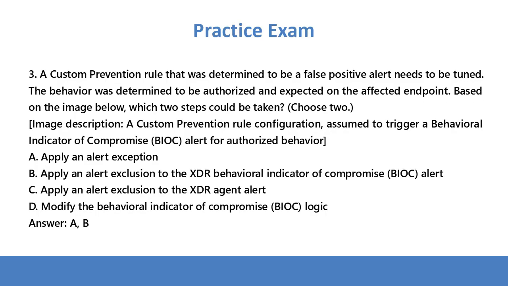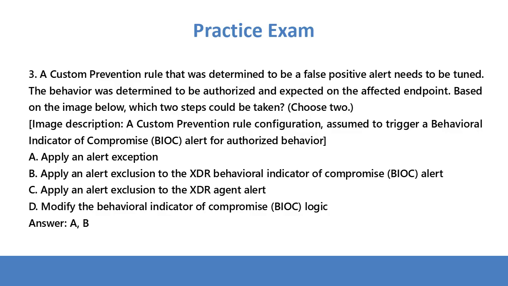3. A custom prevention rule that was determined to be a false positive alert needs to be tuned. The behavior was determined to be authorized and expected on the affected endpoint. Based on the image below, which two steps could be taken? Choose 2. Image description: a custom prevention rule configuration, assumed to trigger a behavioral indicator of compromise, BIOC, alert for authorized behavior.